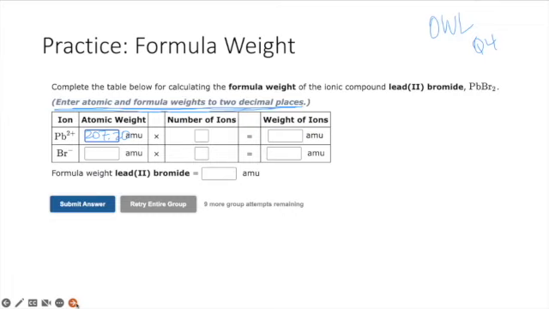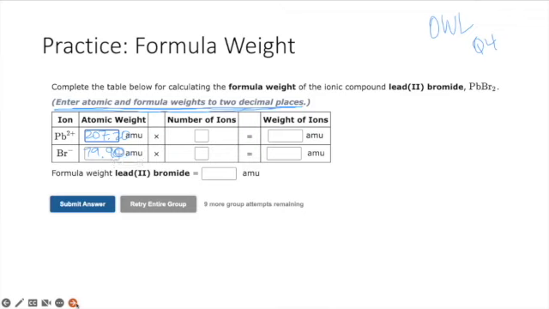So if the periodic table you're looking at is 207.2, make sure to slap another 0 on there, which I think was the case for mine, because the first time I did this, it told me I was wrong. Okay. So bromine is 79.90.